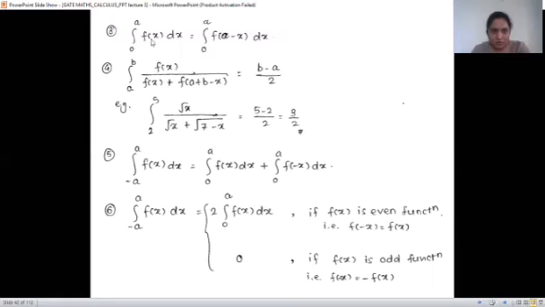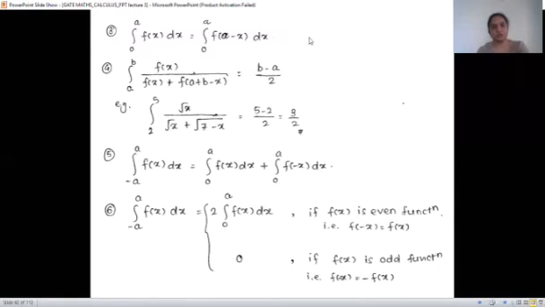We have seen integration 0 to a f of x is f of a minus x dx. So that is integration a to b f of x upon f of x plus f of a plus b minus x, where a and b are limits of integration. So if f of a plus b minus x is there, then its value is b minus a by 2. B is the upper limit of integration, a is the lower limit.